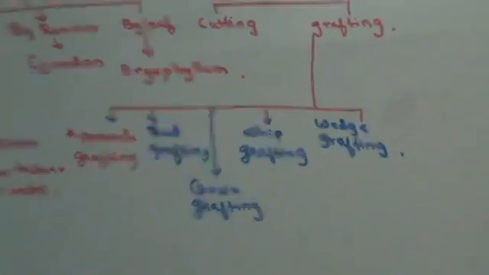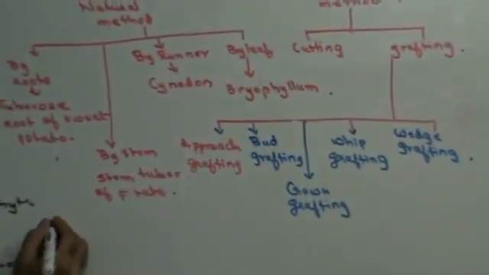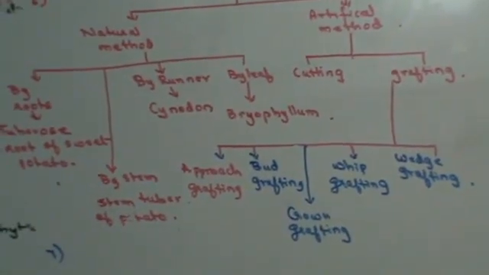Now let's try to see them in brief. Let's come to the natural methods. Vegetative parts such as leaf, stem and roots are separated from the parent plant, fall on the soil and develop into new plant under favorable condition. That is my natural method for vegetative reproduction.